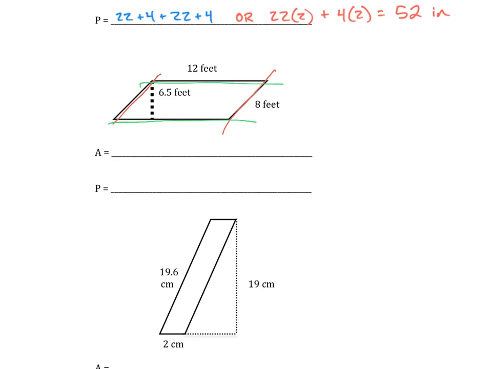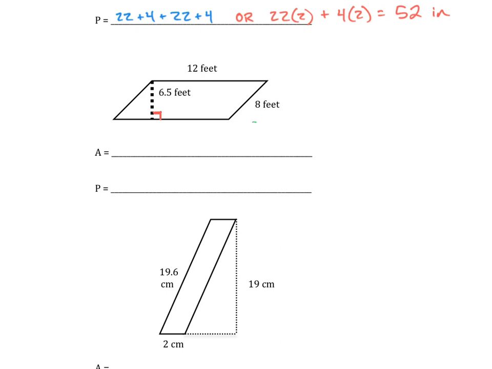But finding the perimeter and area of this parallelogram can be a little bit trickier because for the height, there's a couple different numbers there. But the height of a parallelogram is always formed by a line or a line segment that is perpendicular to the base.